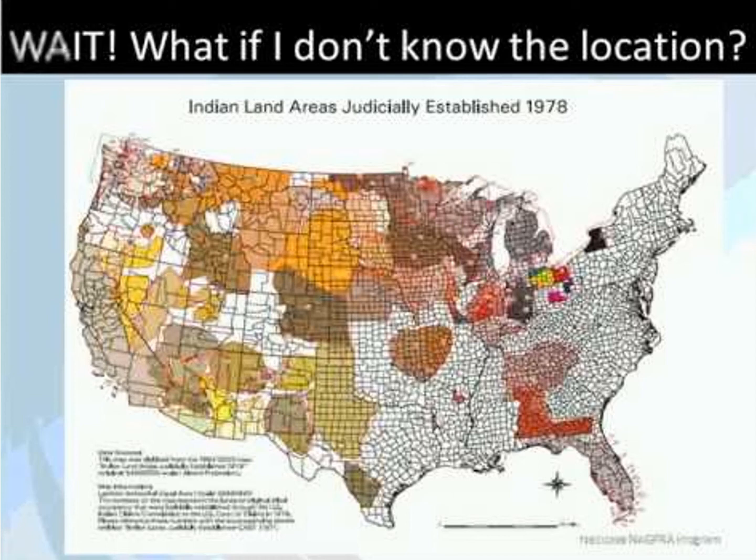Well, in 1978 they judicially established Indian lands, or Native American lands, over which they hold jurisdiction, and for NAGPRA purposes we use this system to figure out, since the object is Sioux, or Crow, or Blackfeet, we can go to that area and ask those tribes, and they may be able to take the item back for us without having to know the specific location where the item was originally found.